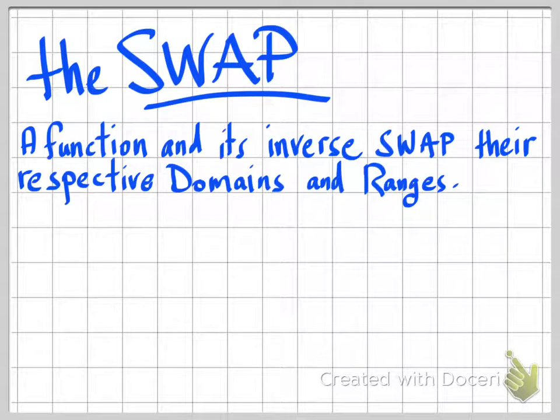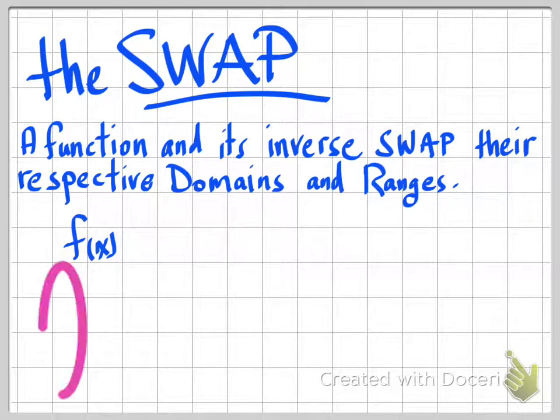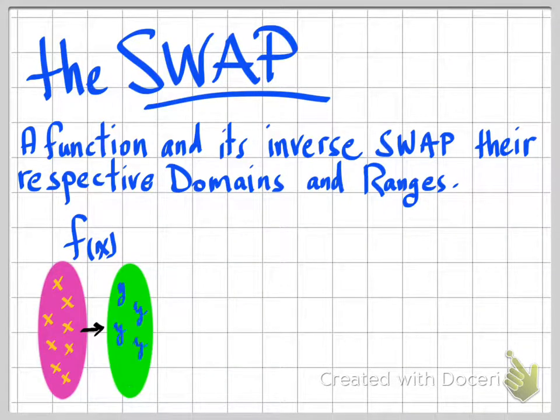Let me just illustrate that with a little diagram here. If you have some kind of a function f of x, let's say, and there's a picture of all the x values, okay, that's its domain. Those x values are turned into some y values by the process of f of x. Okay, so there's the domain and there's the range.